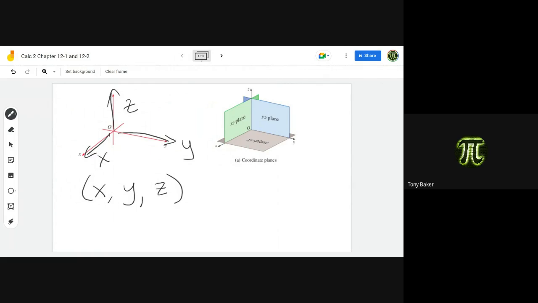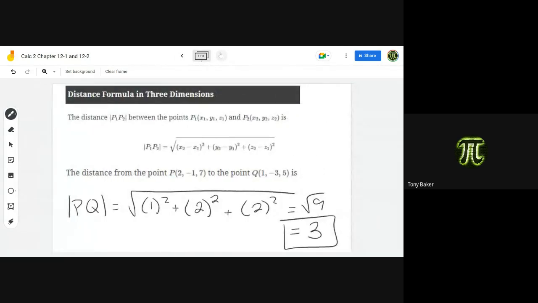Everything we do is in 3 dimensions, so it's actually used quite often, especially in modeling. One of the number one questions that seems to show up on the SATs is they'll give you a cube and ask you for the distance between the 2 diagonal points on the outside of the cube.